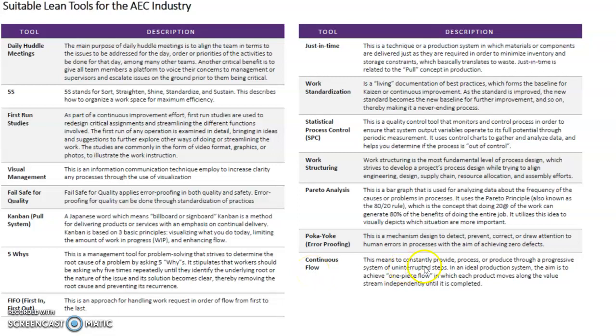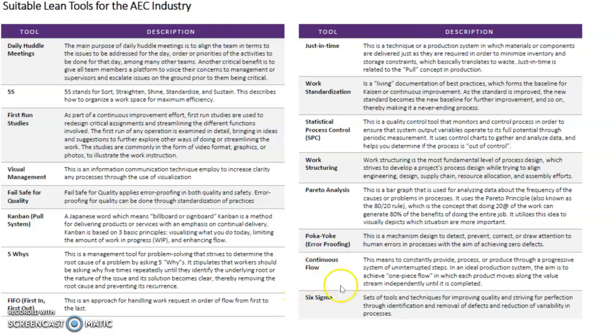This means to constantly provide, process, produce through a progressive system of uninterrupted steps. In an ideal production system, the aim is to achieve one-piece flow, in which each product moves along the value stream independently until it is completed.